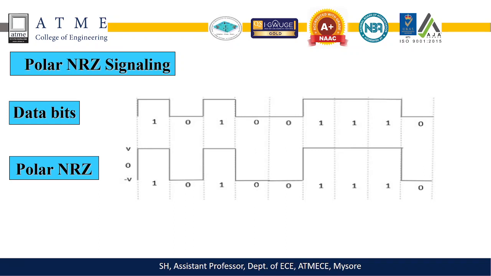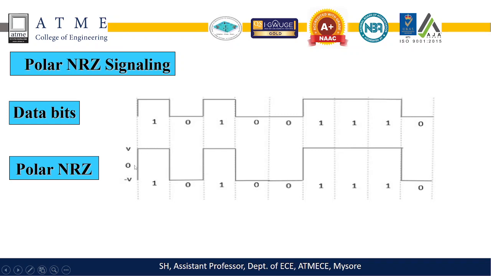This is how polar NRZ signaling looks like, wherein we have an input data bit. This is converted into a polar NRZ format, wherein when the data is 1, the signal will be of plus V volts.